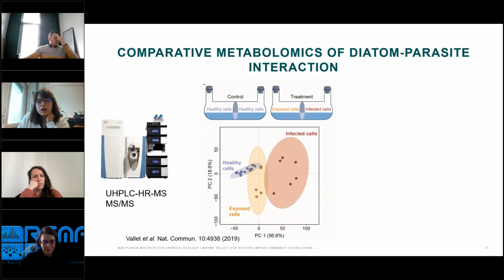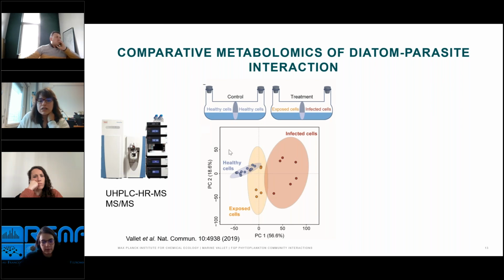And using high resolution mass spectrometry and a comparative metabolomic approach, what we were doing was to sample over time this population and investigate the metabolome change during infection, exposure, or in the healthy state.